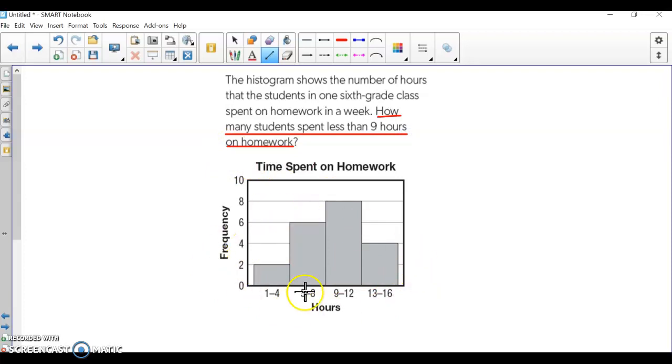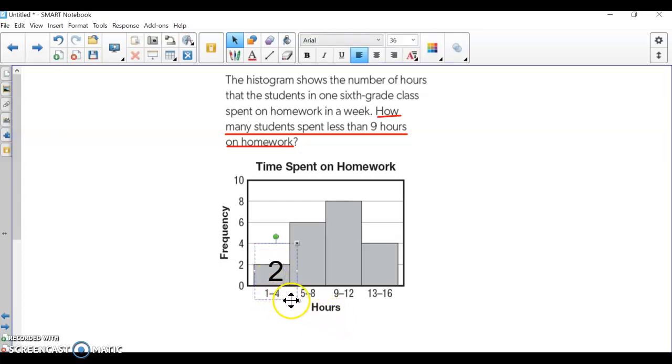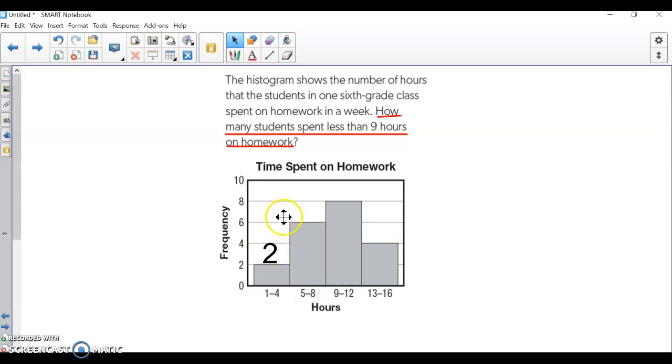Once again, when you have a histogram, you are going to go in and write the numbers on the bars. So 1 to 4 hours is 2, which means that 2 students spent 1 to 4 hours on homework. 5 to 8 hours is 6.